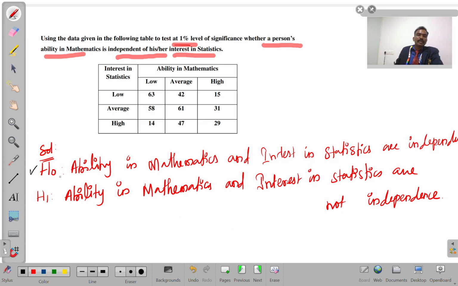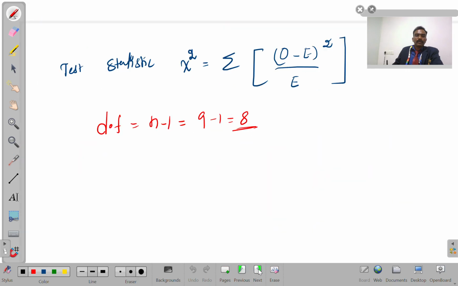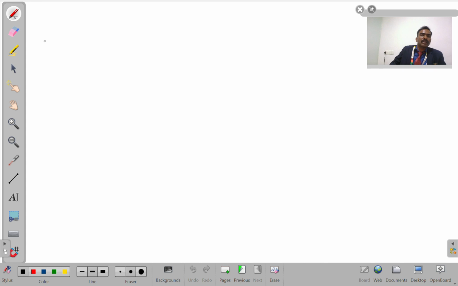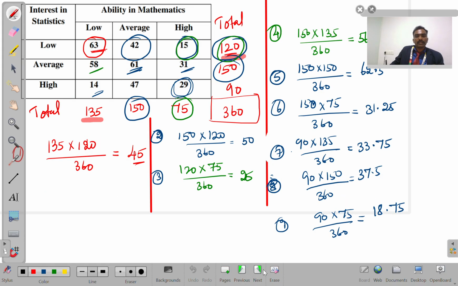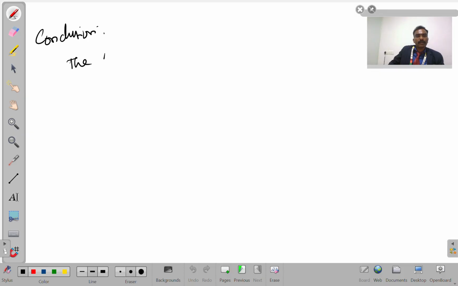Here H0 is that ability in mathematics and interest in statistics are independent. So finally, write down the conclusion.